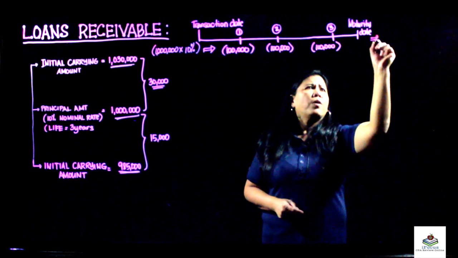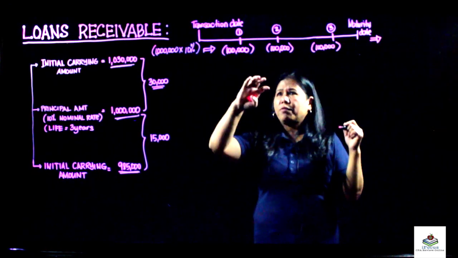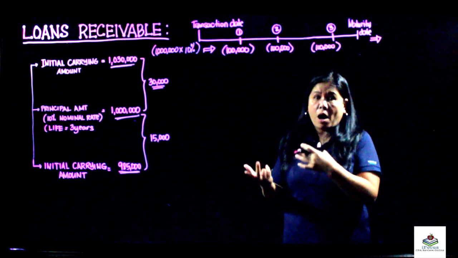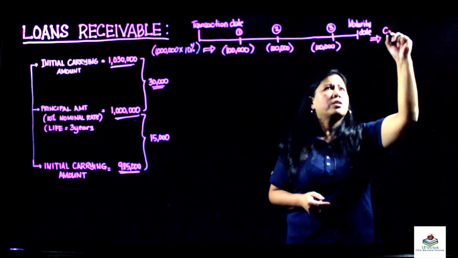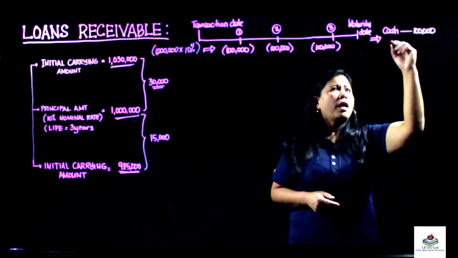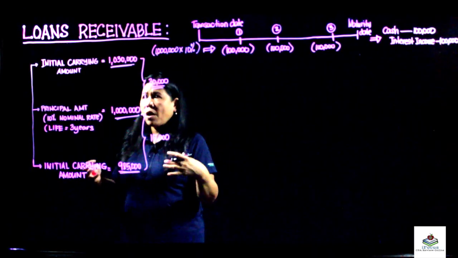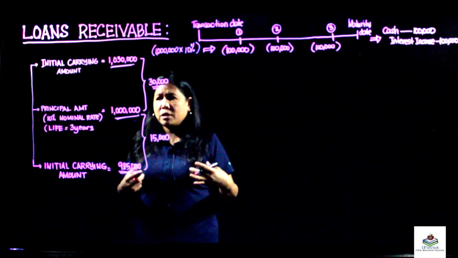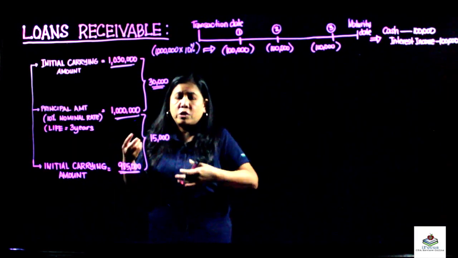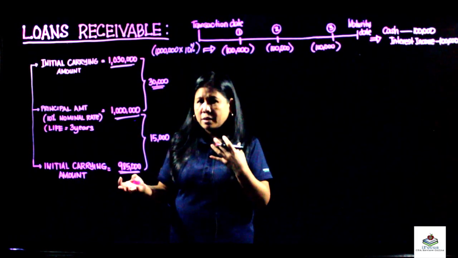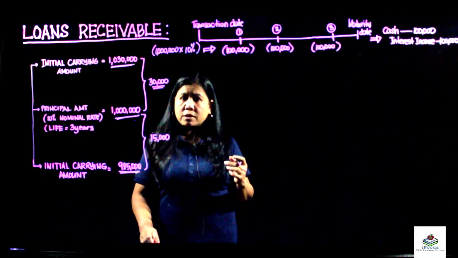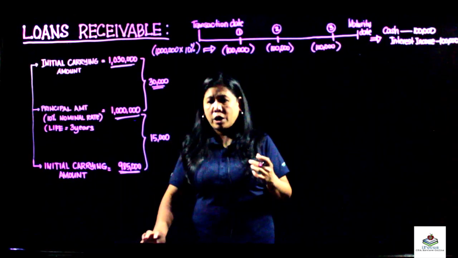Our entry when we receive this 100,000 from the borrower will be debit to cash of 100,000 and credit to interest income. Now, if our initial carrying amount is the same as our principal amount, then we don't have to amortize any difference between the principal and the initial carrying amount.